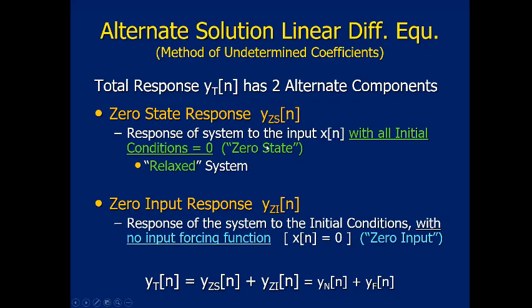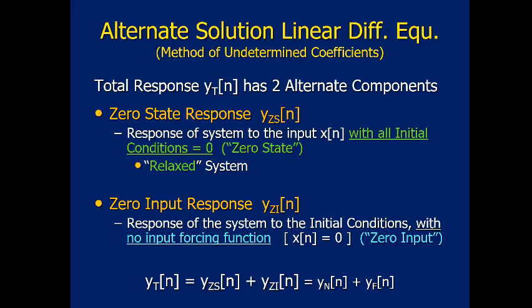But again, conceptually, it's just all of the output response that comes from my new input, which leaves the zero input response to be the response of the system to the previous inputs, to the initial conditions, as if there was no new signal, no new forcing function coming along. So we solve the difference equation for the case of no input and just find the part that was due to the initial conditions driving the system, the response that it has to finish out before.